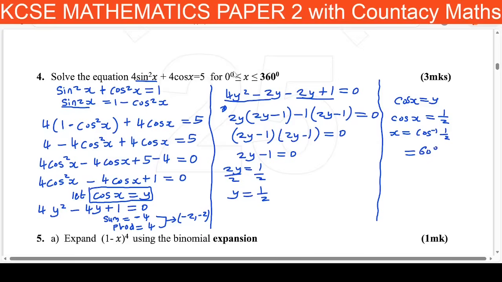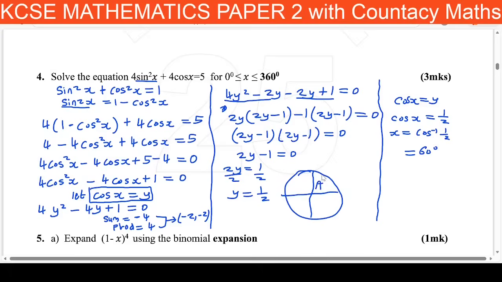But then again, we are told that x is greater or equal to 0, but less or equal to 360 degrees. Therefore, we have to operate under these constraints. And this now brings us to this circle that you usually use.